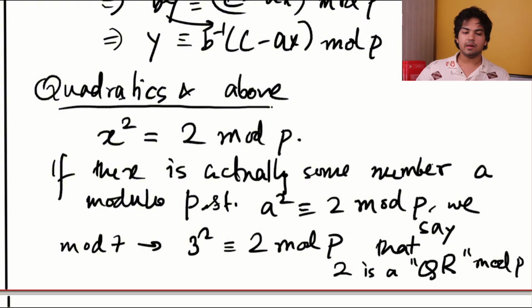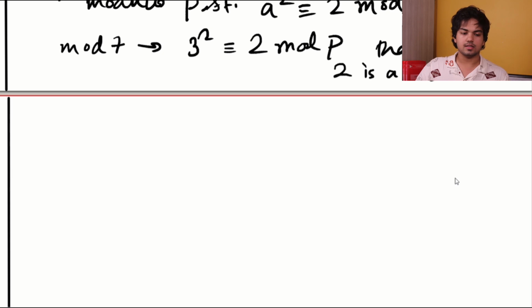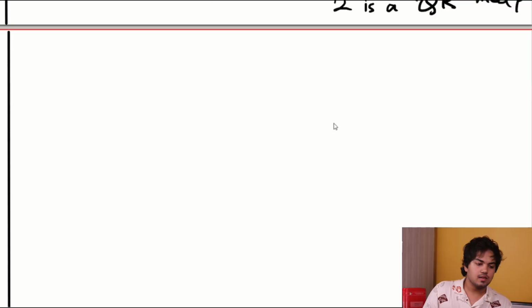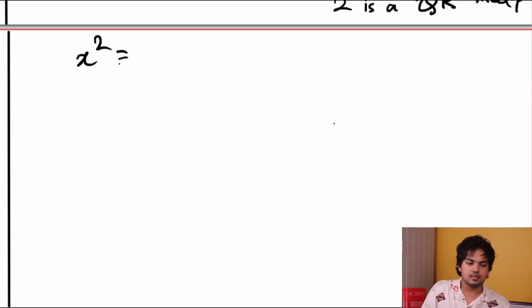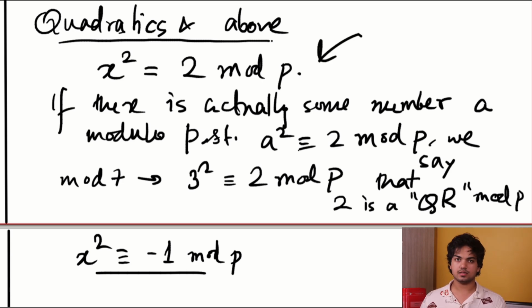I'm not going to go into this too much. The question that I want to address today is, can I solve this? But you will come to see that this question of when can I solve this is at the heart of the Legendre symbol. It is the Legendre symbol in some way.